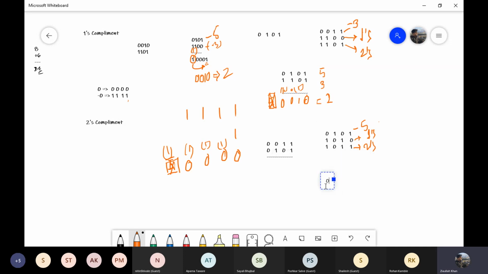So 3 is 0, 0, 1, 1. And 2's complement of 5 is 1, 0, 1, 1. So I'm going to put 1, 0, 1, 1 over here like this, and let's go ahead and do the addition. 1 plus 1 is 10, so I'm going to put a 0 here, and it's going to generate a carry.